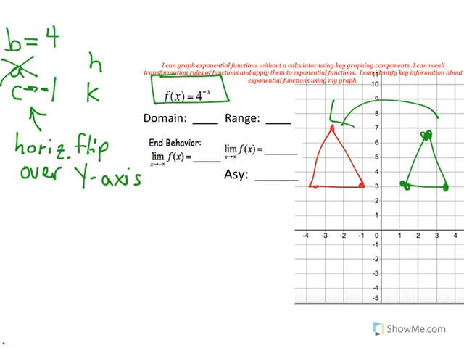What changed? Did the x values change or did the y values change when I flipped this? The x values are what changed. Anytime we have a horizontal transformation, we are changing the x values. We're either adding or subtracting or multiplying or dividing those x values.